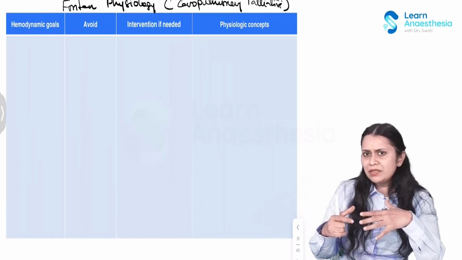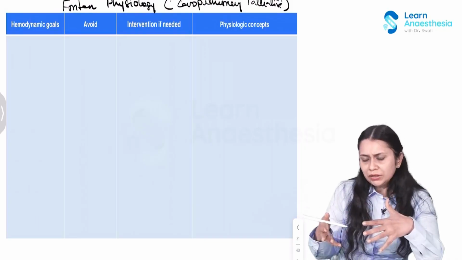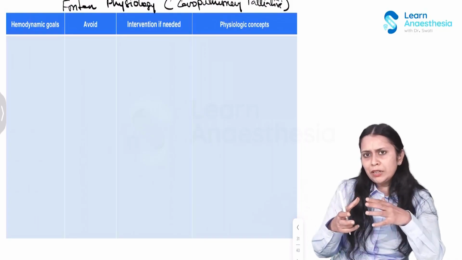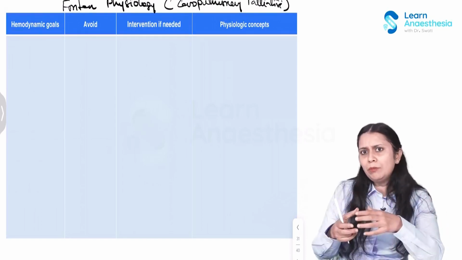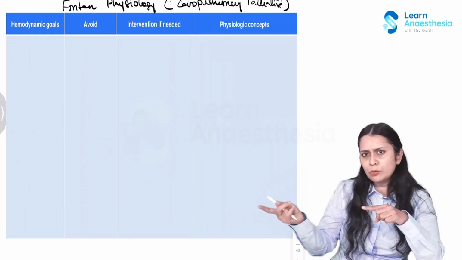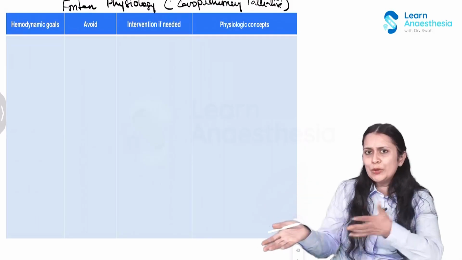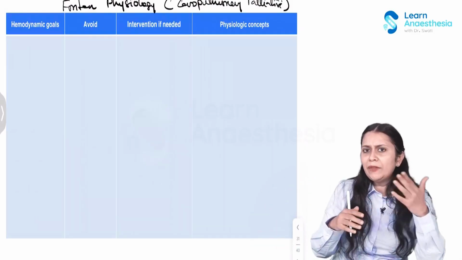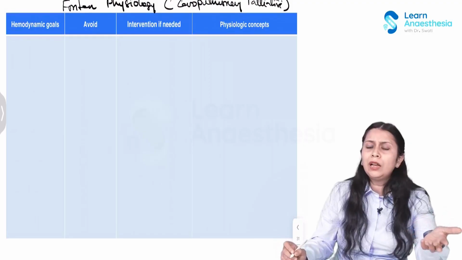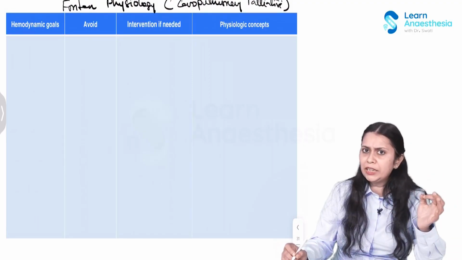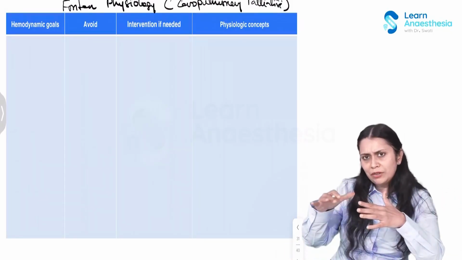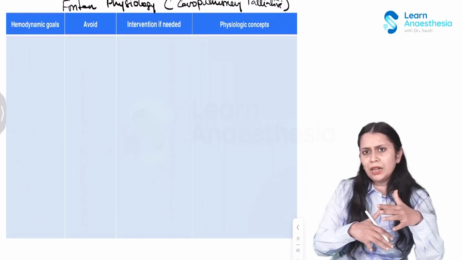So what happens in single ventricle pathologies? In single ventricle pathology, whatever ventricle is there, right or left, it will pump the blood into the aorta and it will go into the systemic circulation. And how would the blood return to the heart? It will return through the pulmonary arteries. So a shunt is created between the superior and inferior vena cava and the pulmonary artery, so that the blood returns into the heart through the pulmonary arteries.